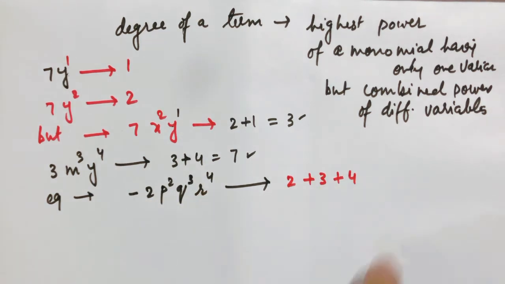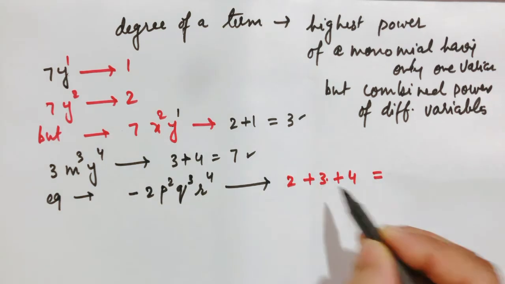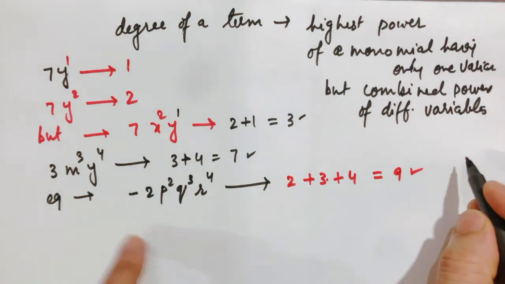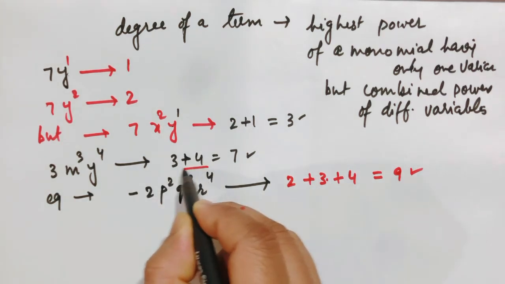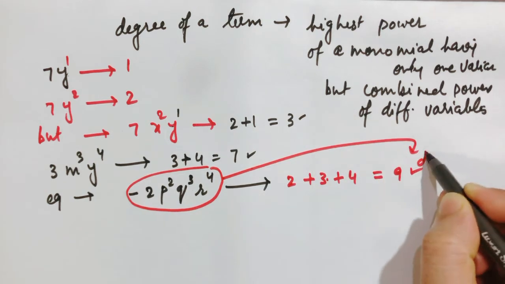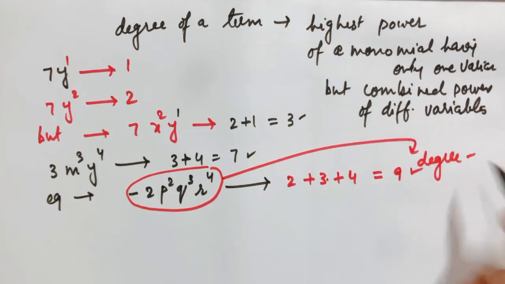So I'll add all of these and I'll get 2 plus 3 is 5, 5 plus 4 is 9. So 9 is the degree of this particular term. This is the degree of this particular term, D-E-G-R-E-E, degree.